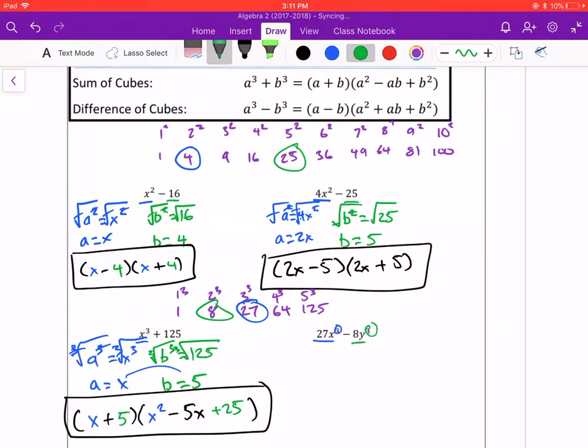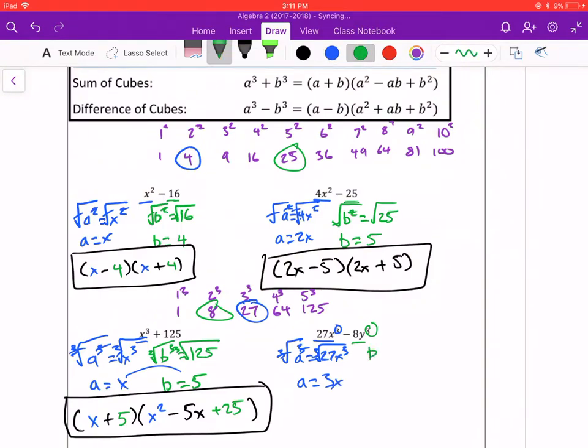That means I can just use the formula. A cubed is going to be 27x cubed, and if I take the cube root of each, I can figure out what a is. The cube root of 27 is 3, and the cube root cancels the cube on x, so a is 3x.